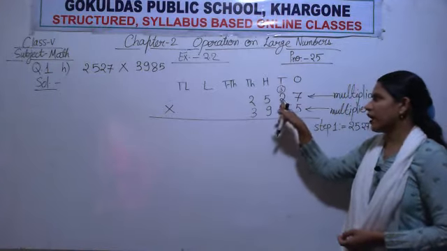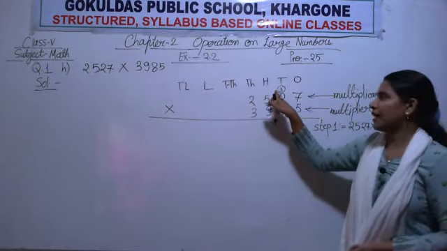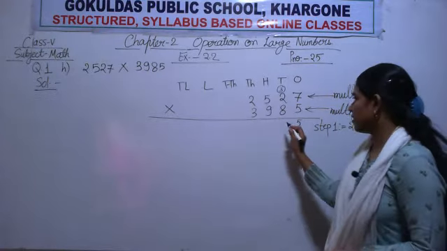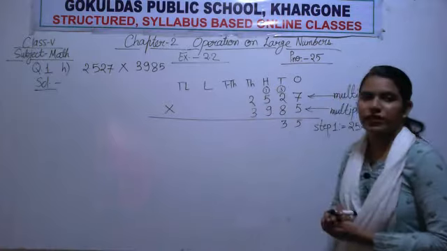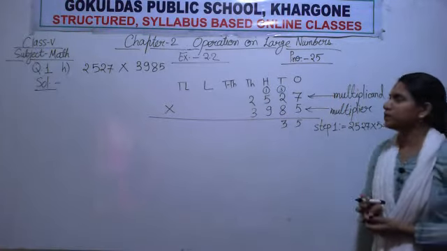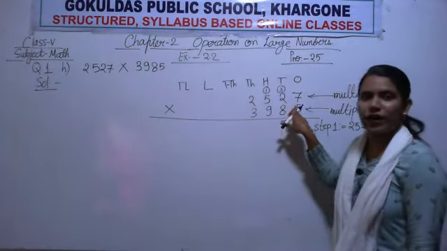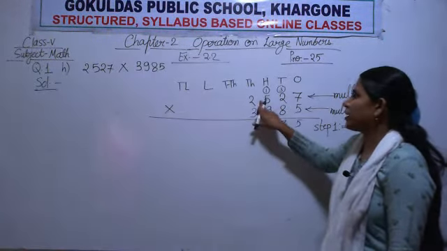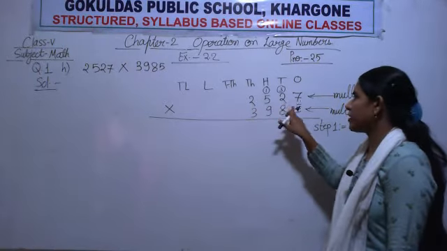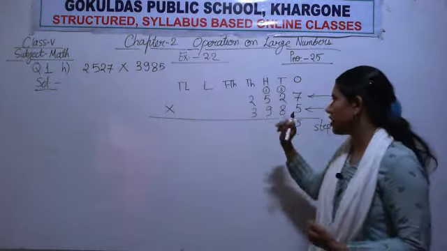Now multiply 5 by 2. 5 twos are 10. 10 plus 3, 13. So you will write 3 over here, and 1 will be regrouped with the next column. Now again, by this 5 multiply the 5 at hundreds place. 5 fives are 25. 25 plus 1 is 26.